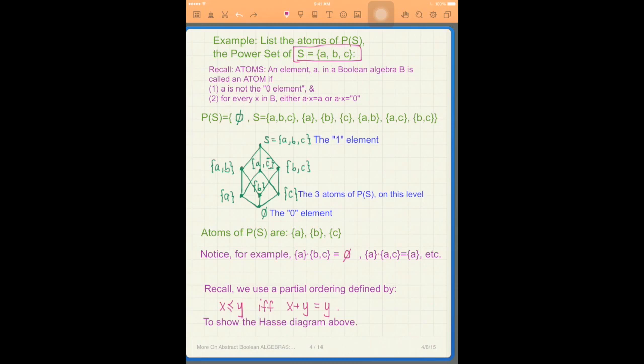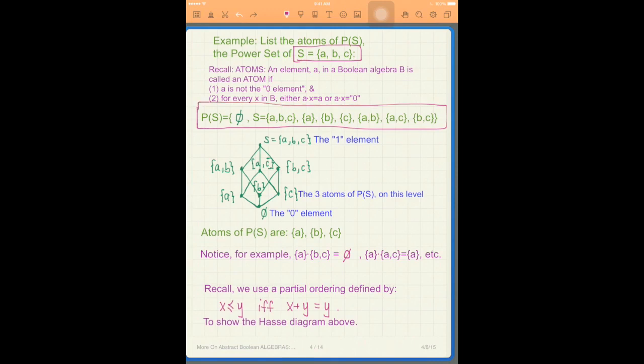So remember what an atom is. The atom is going to be a non-zero element, and it has to satisfy condition 2 down here. For every x in B, either A times x is A or A times x is the zero element. So I've written down both sets so you can visualize what your choices are for the atoms.